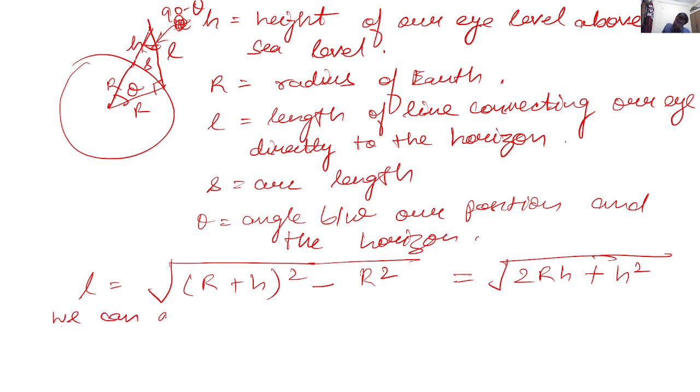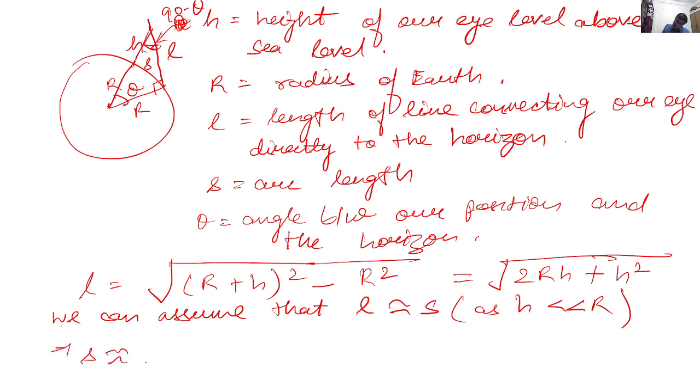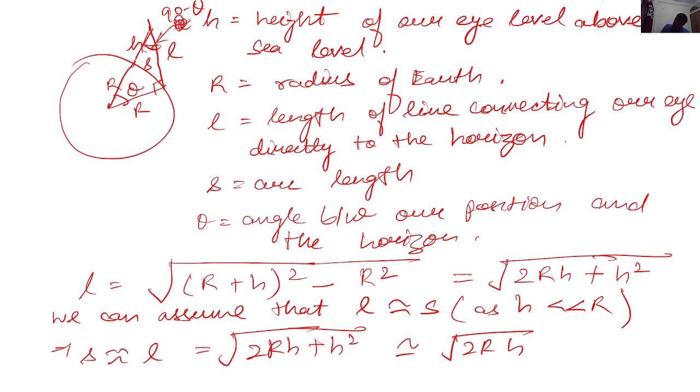Now we can assume that L is almost equal to S, as H is very much less than R. This implies S is nearly equal to L, which is the square root of 2RH plus H squared, or the square root of 2RH, because H squared would be much smaller than 2RH.